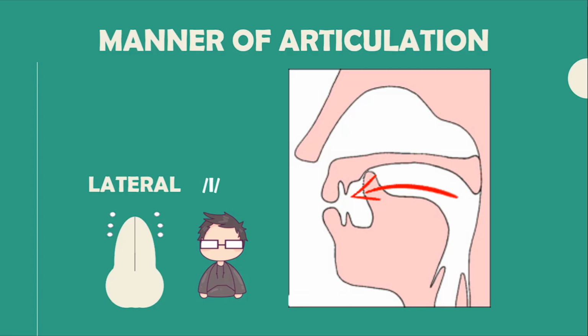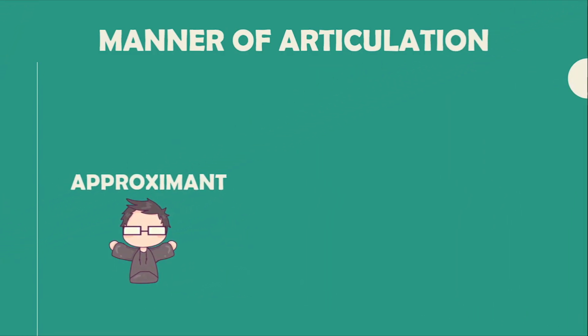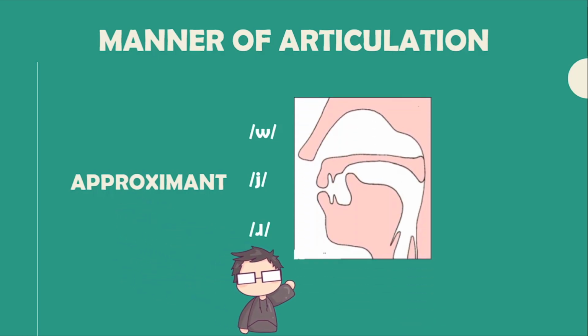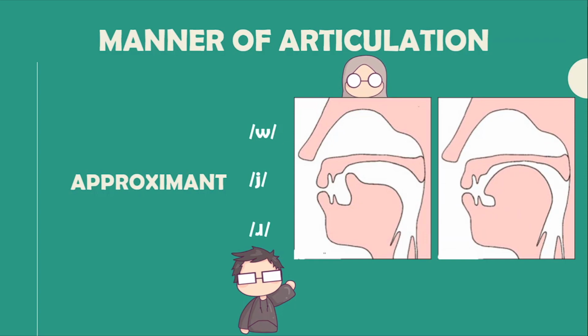Now, the last is approximant. Approximants are when two articulators come close together but not quite close enough to create air turbulence. The resulting sound is more like a fast vowel than anything else. For example, the sound of woo.